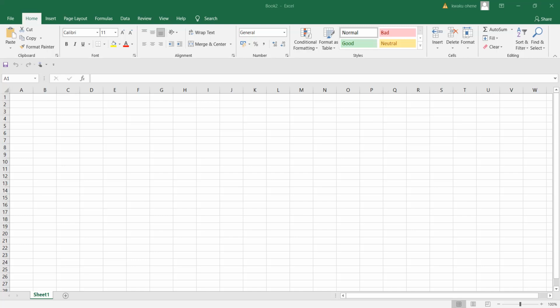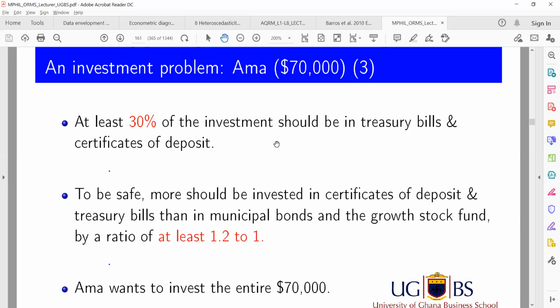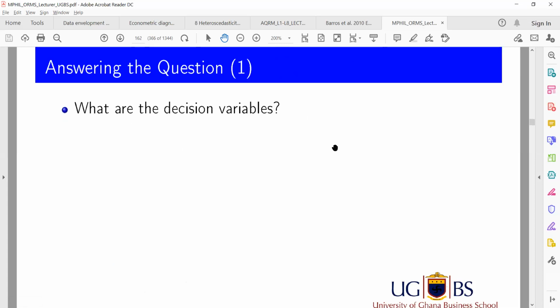The final constraint is that Ama wants to invest the entire $70,000.